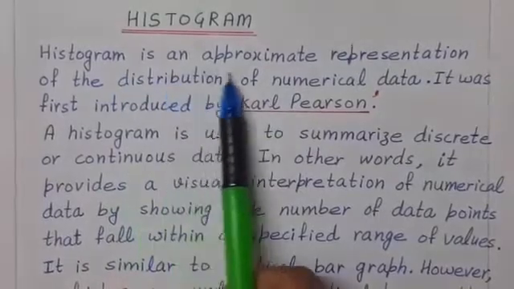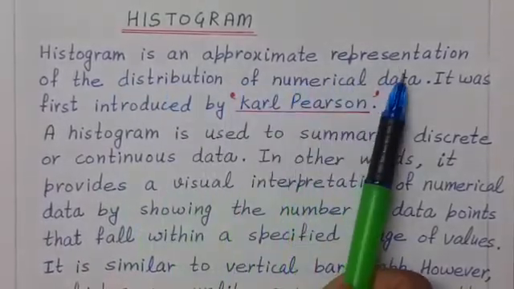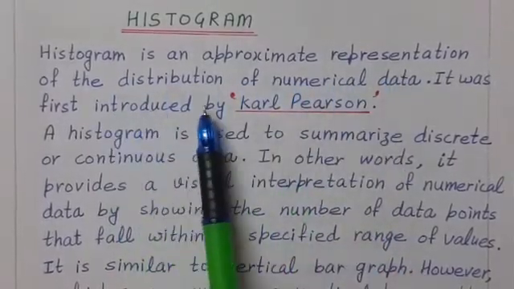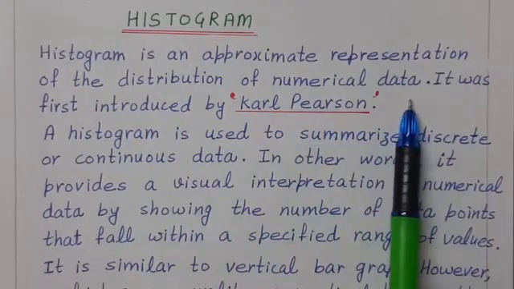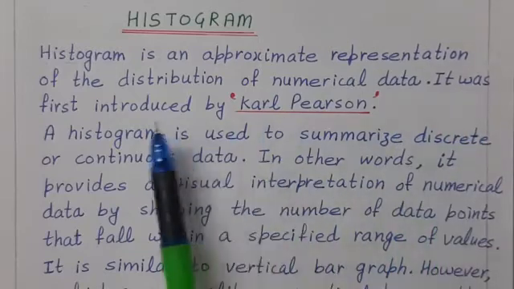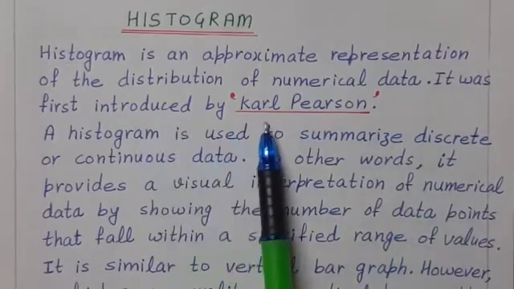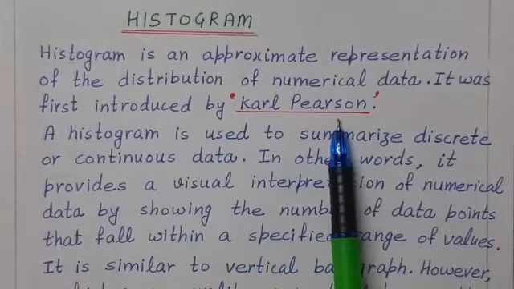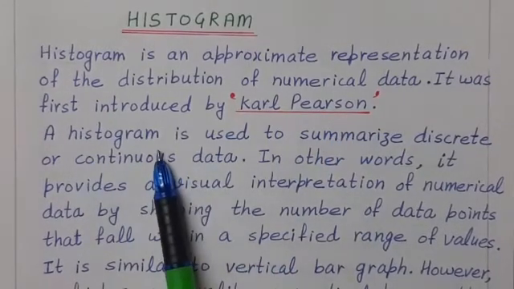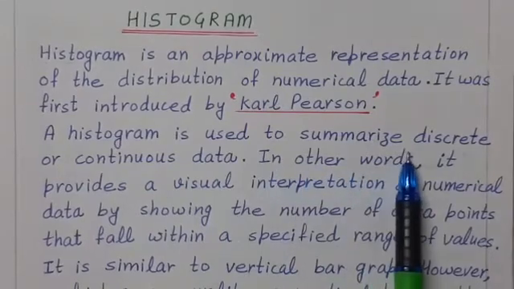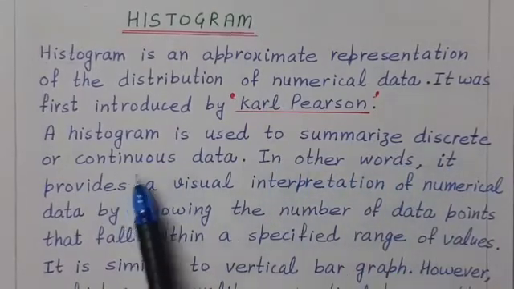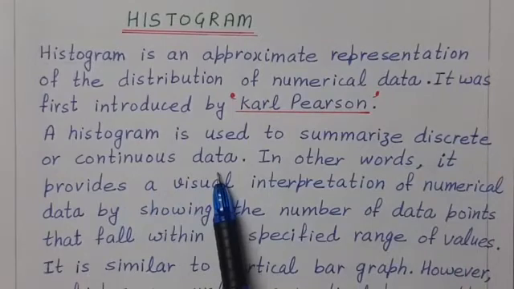Histogram is an approximate representation of a distribution of numerical data. It was first introduced by Karl Pearson. A diagram in histogram is used to summarize discrete or continuous data.